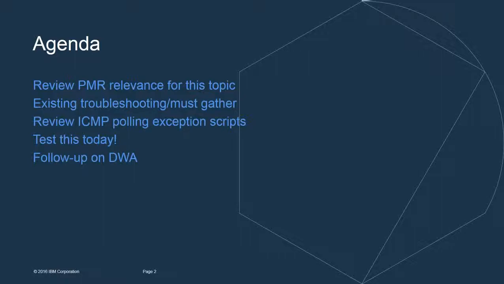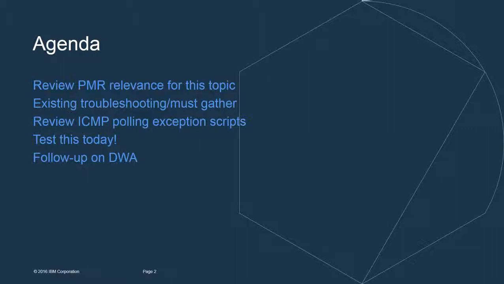The reason this topic is of interest to me is that we receive a lot of PMRs related to polling and single device, single IP addresses that are not being monitored or thought to not be monitored. You may be polling hundreds, thousands of entities, and there may be one or two devices on a single day which you have interest in.